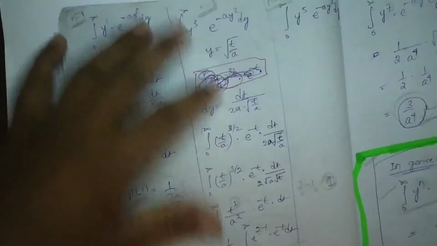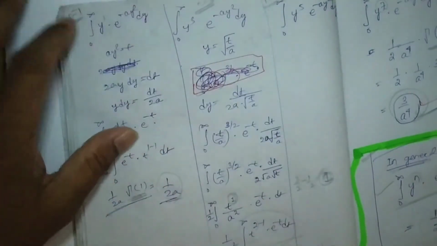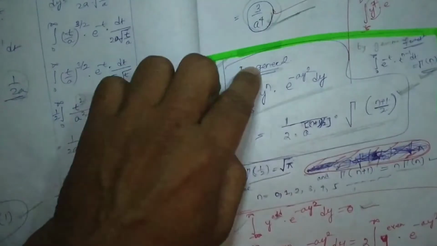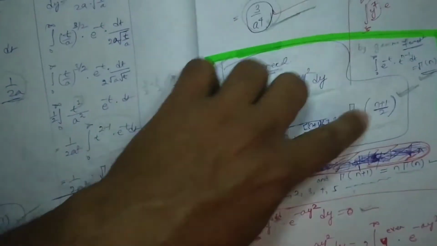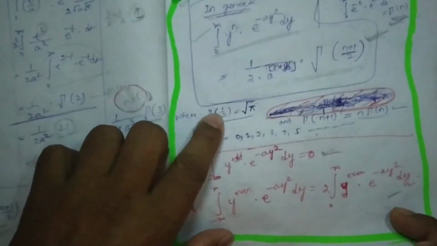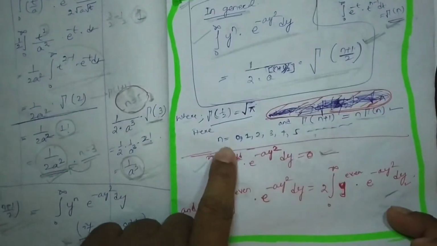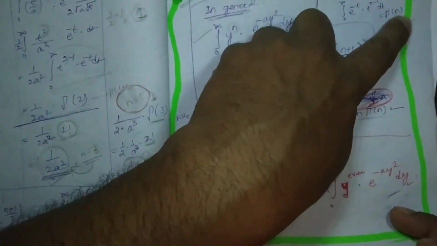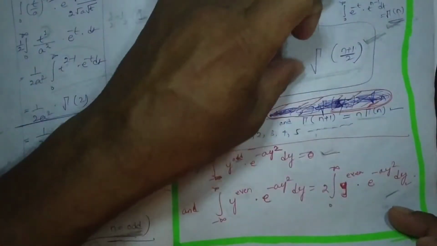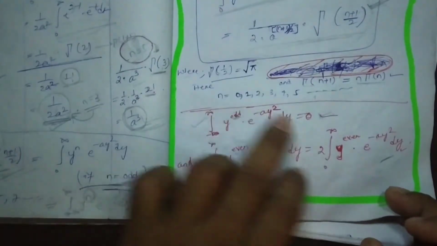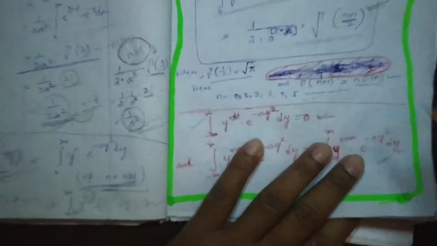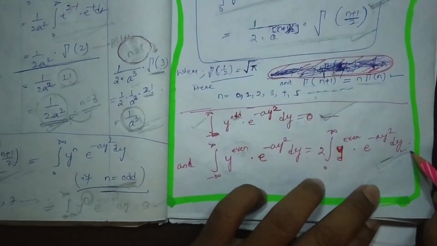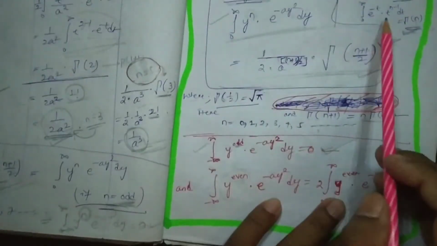So see how you are going to write. First you write the heading, what you have to prove, and by using the gamma function this equals this much. Then you write that the corresponding integral from minus infinity to infinity equals 0.